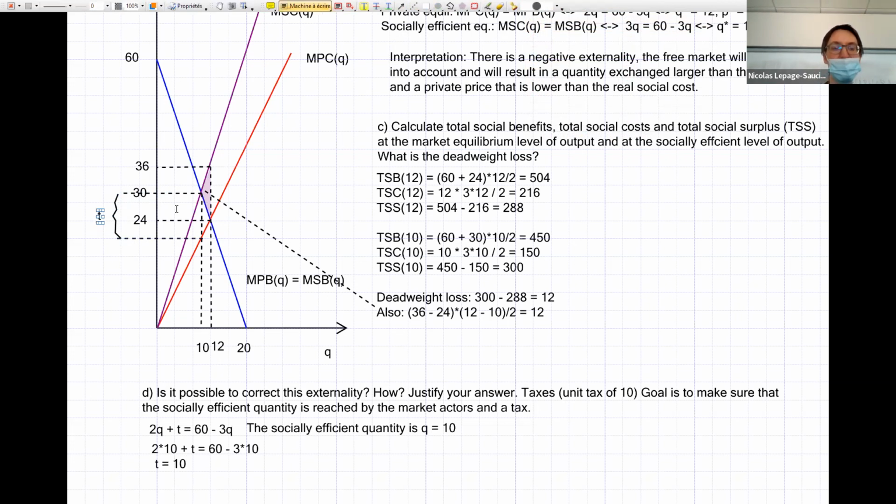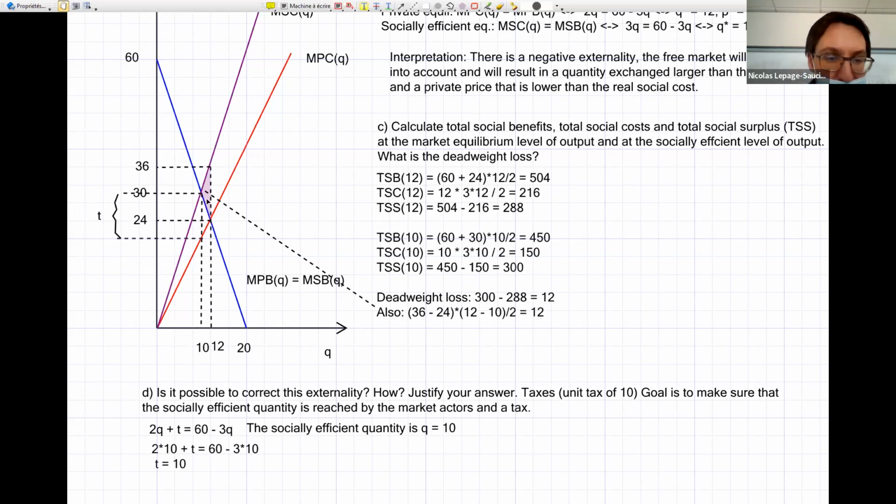We haven't talked too much about taxes. But one thing you may note, so I'm anticipating again, is that the tax rate has to be chosen very, very precisely. Because if I decided that the socially efficient level was not 10 but 3, then the tax rate would be different again.